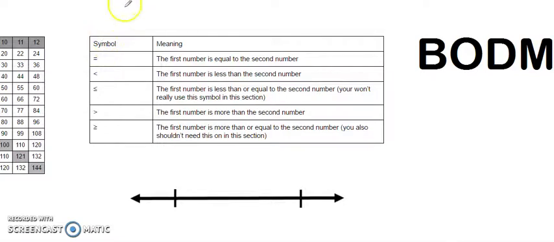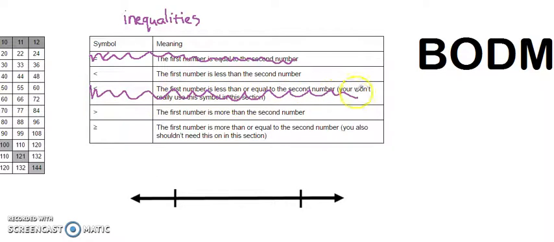Okay, the next thing we needed to go over were our inequality signs. Now you'll notice that I also have an equality sign, but I just like to keep them all together. So you didn't need to write down the equals because none of your numbers should have been equal to each other. You didn't need to use less than or equal to or more than or equal to. You just had to figure out if the first number was less, so let's say 2 is less than 5, or 5 is more than 2.